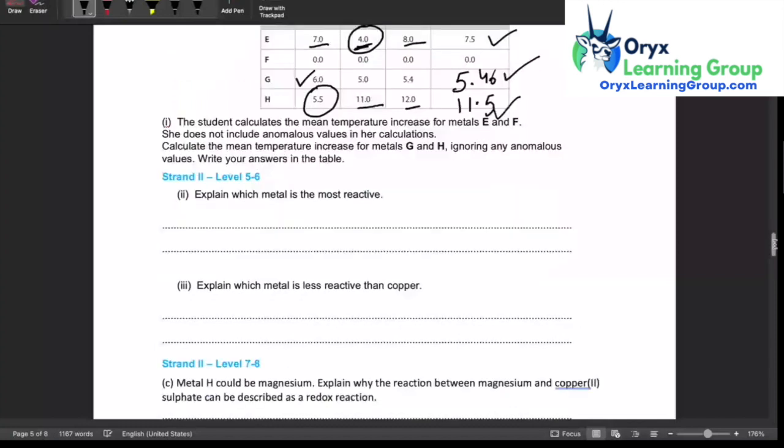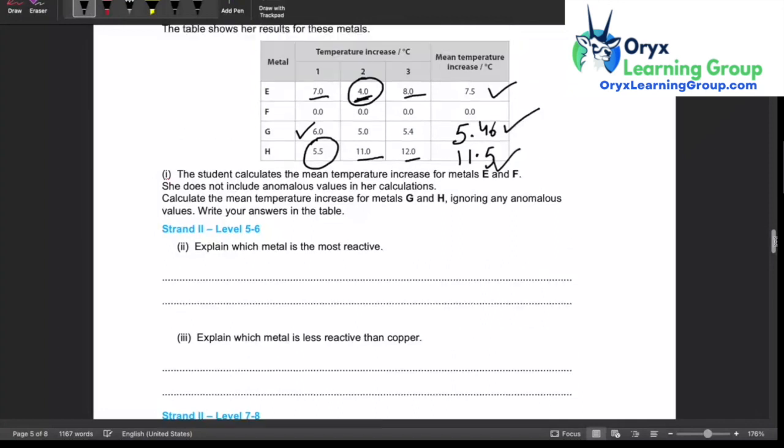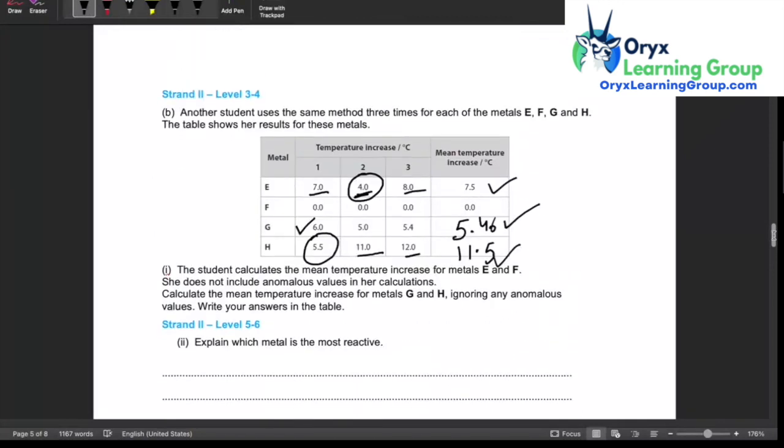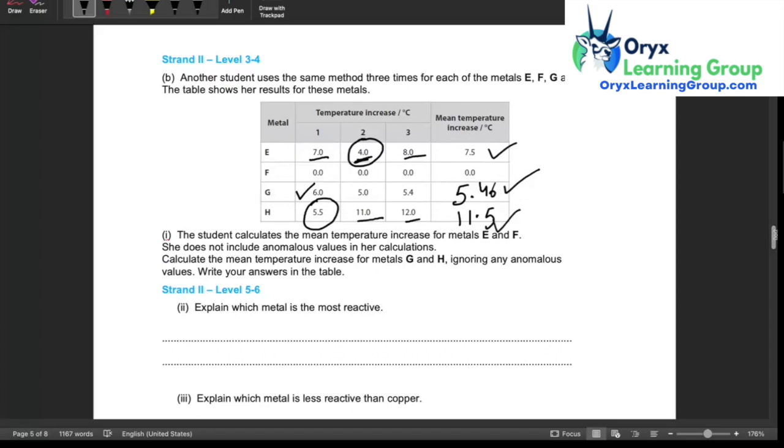So the next part is: explain which metal is the most reactive. Okay, so we have seen that where there is a reaction, it will show a higher increase in the temperature. So can anyone tell me which metal is the most reactive?